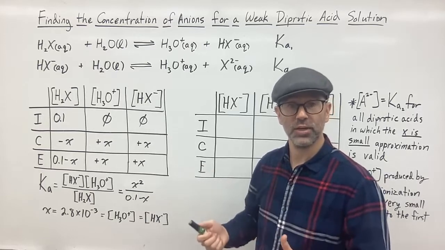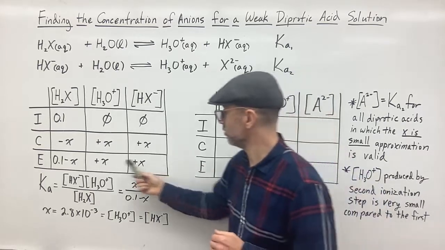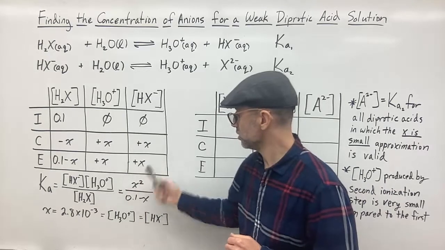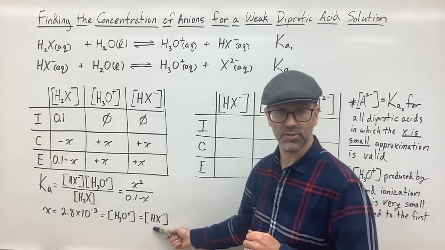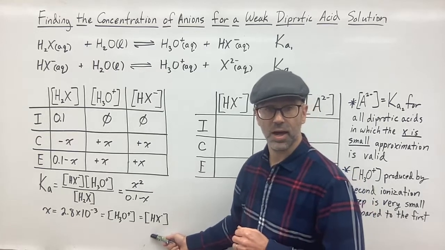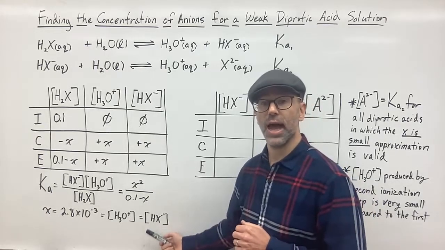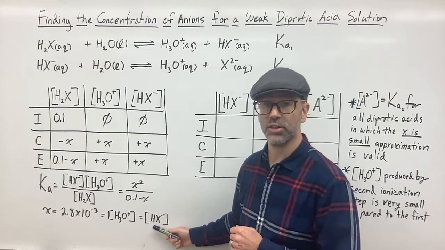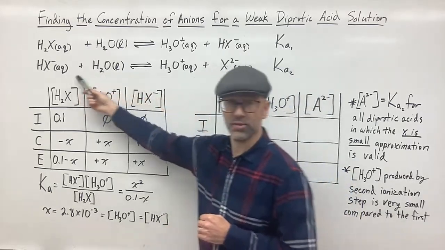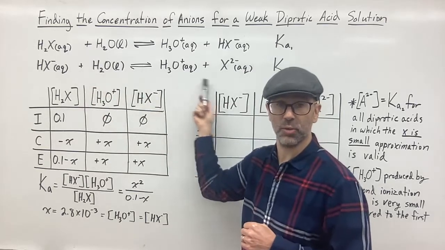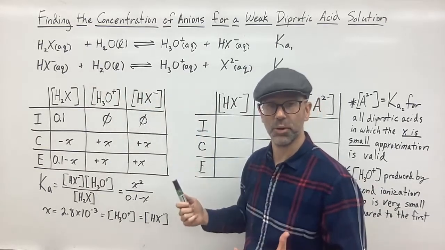Since these are the concentrations of H plus and the HX minus ion, we can use those as the initial concentrations of our next process. So we're going to use this equation and do an ice table with that.